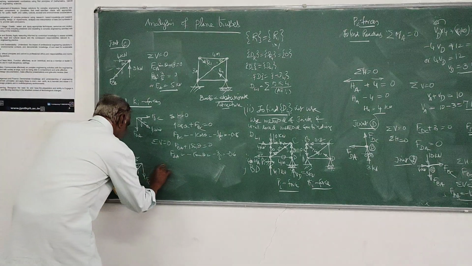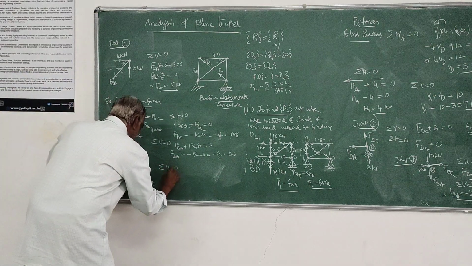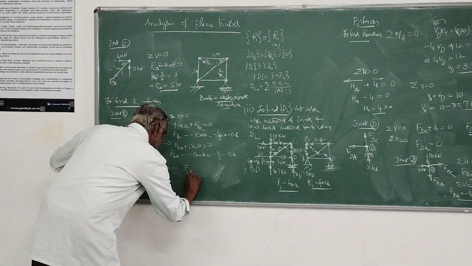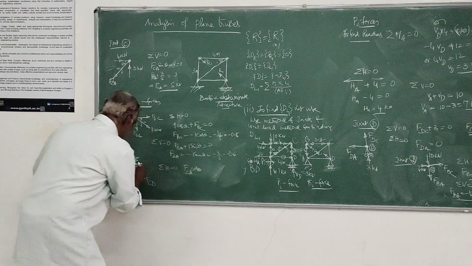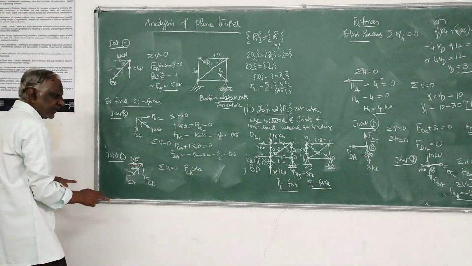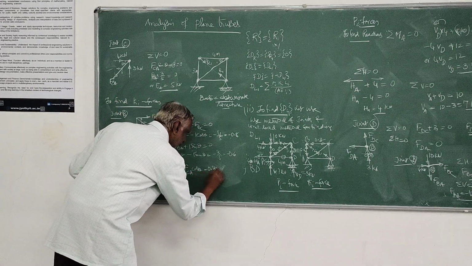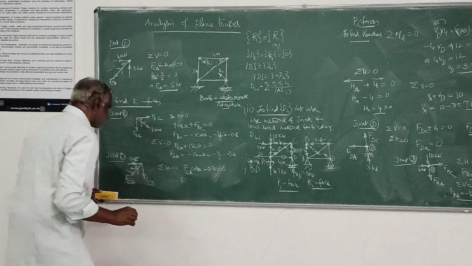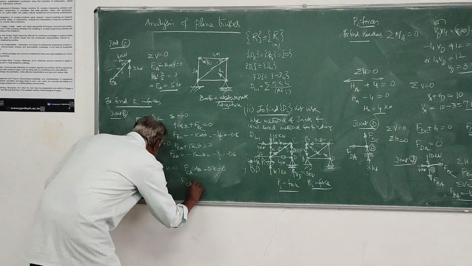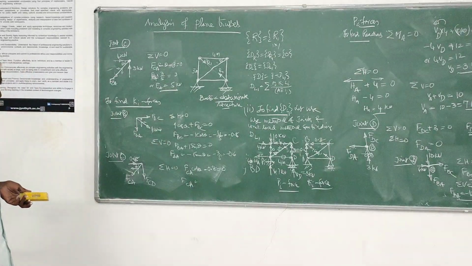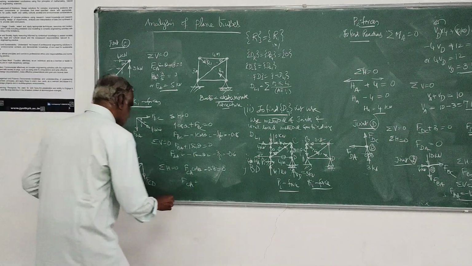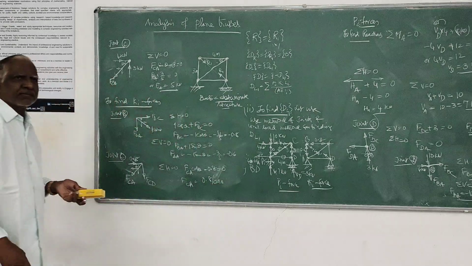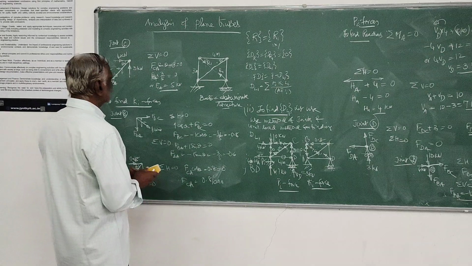So again, if you take sigma H equals 0, you take first because this is known. So you will get FCA cos theta. It is like this. This is 0.8 minus 0.8. It is in the opposite direction. Therefore, FCA equals 0.8 divided by cos theta.